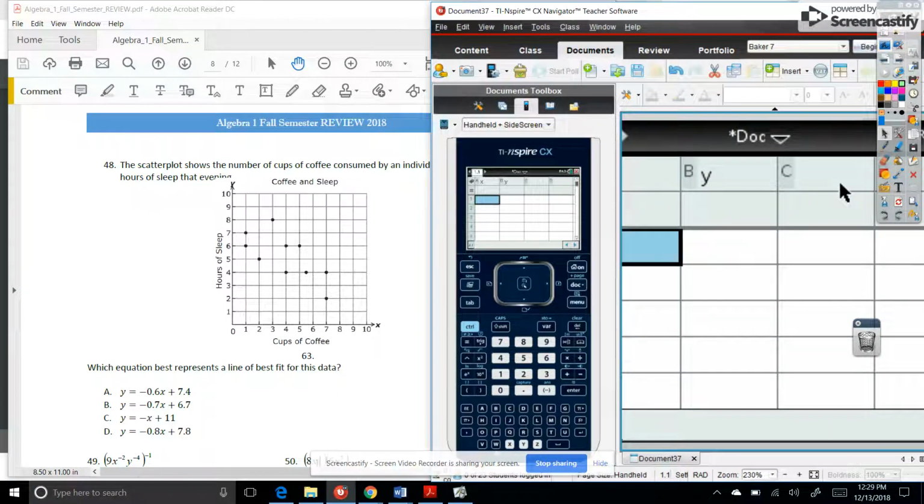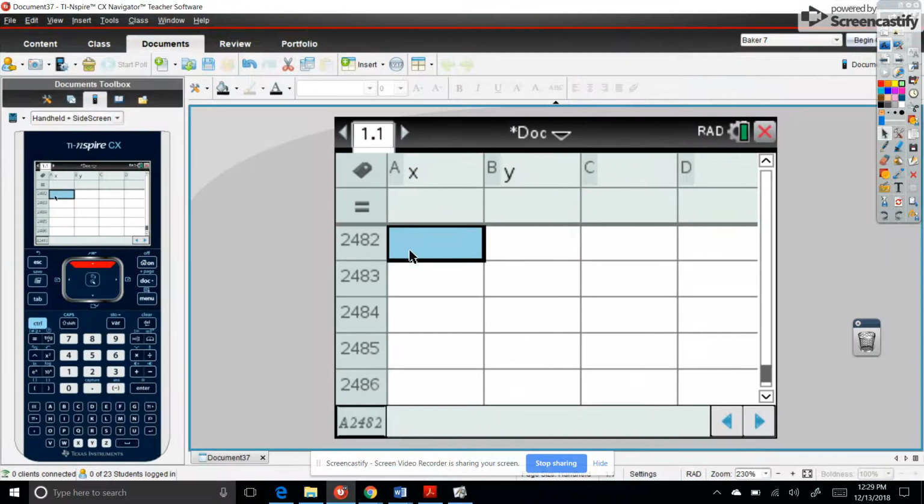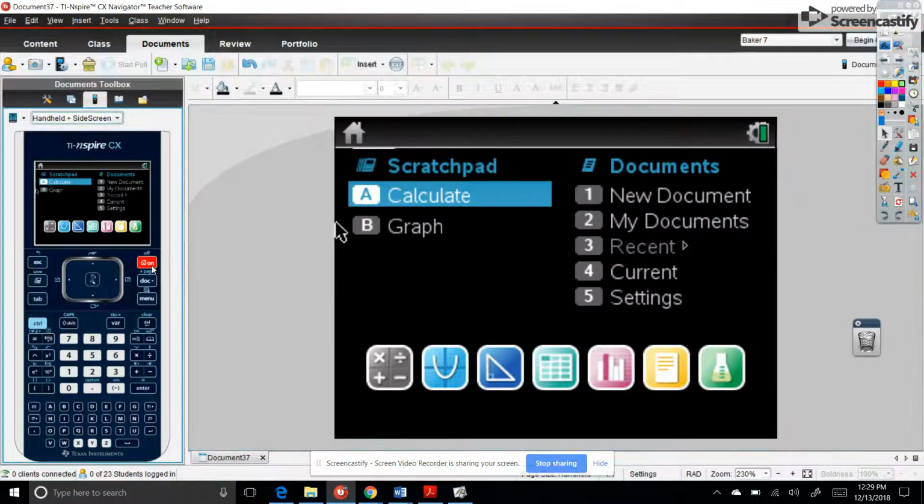My first data points are 1, 6 and 1, 7. What the heck just happened? I'm going to start over.